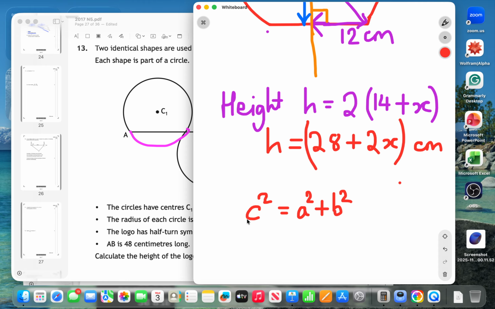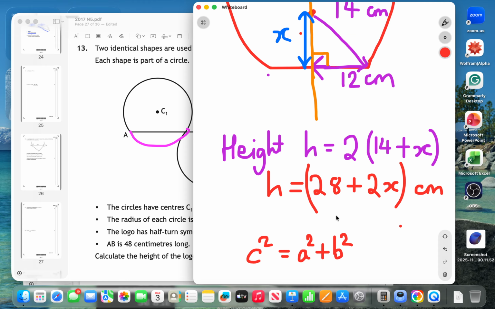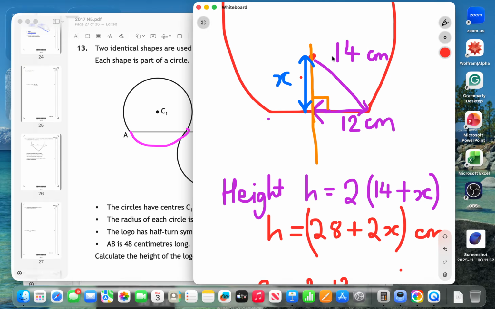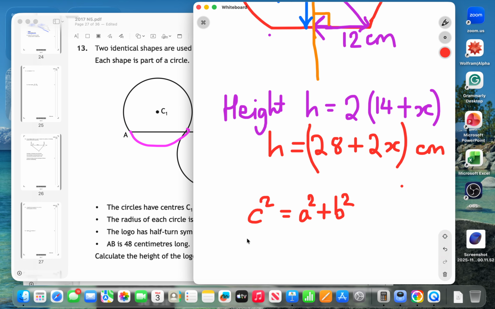C is the hypotenuse and A and B are the shorter sides. The hypotenuse is always opposite the right angle and it's the longest side in the right angled triangle. It's 14. Make sure you don't find C because we know C.